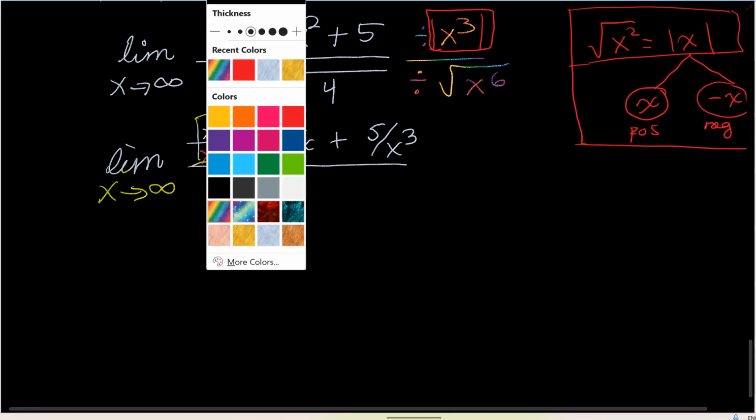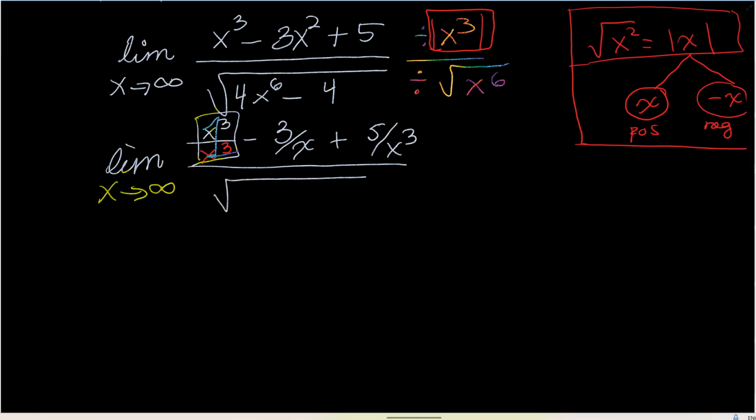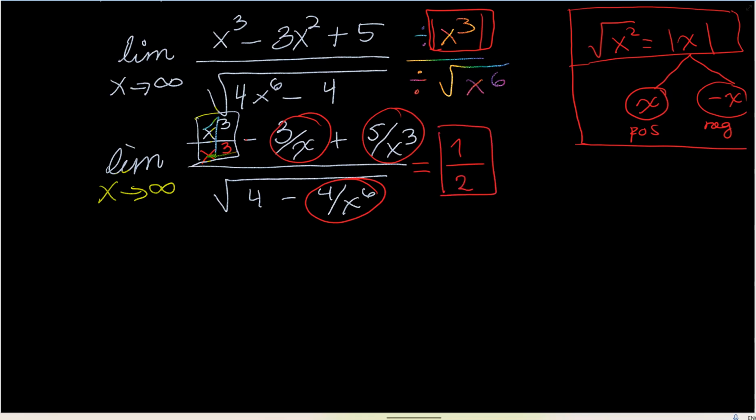On the denominator, you have the square root of, dividing everything by x to the 6 inside the square root, 4 minus 4 over x to the 6 power. This will go to 0, this will go to 0, and so is this. So I really just have 1 divided by the square root of 4, which is 2, so that is 1/2.